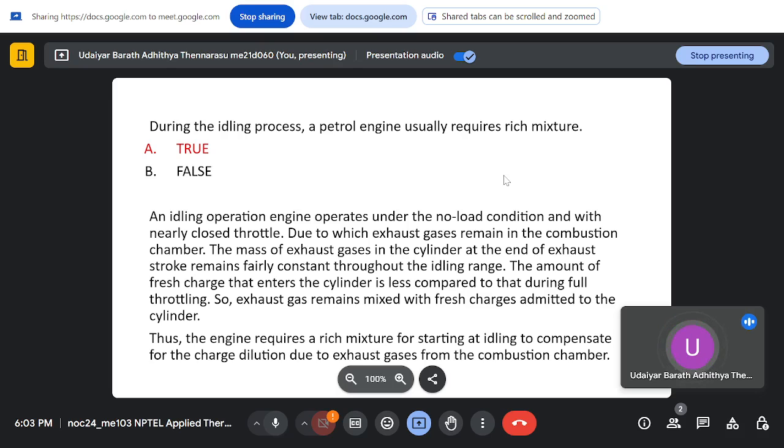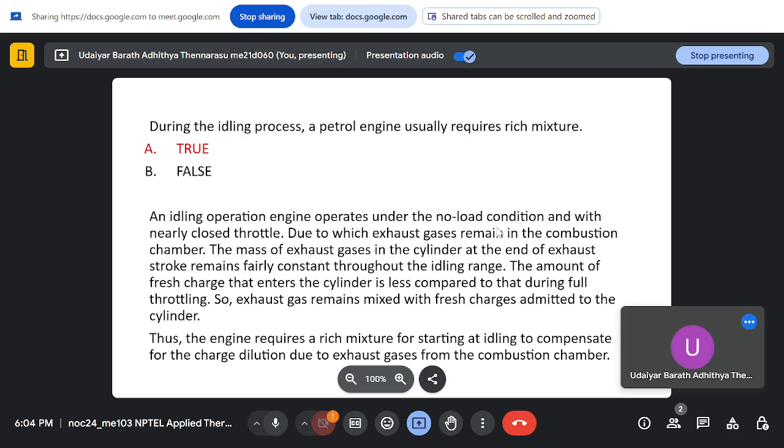Due to this process of idling, the exhaust gases produced during combustion remain in the combustion chamber; they are not fully taken away.